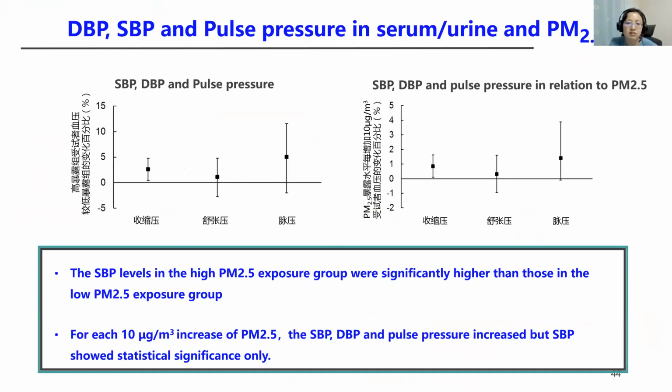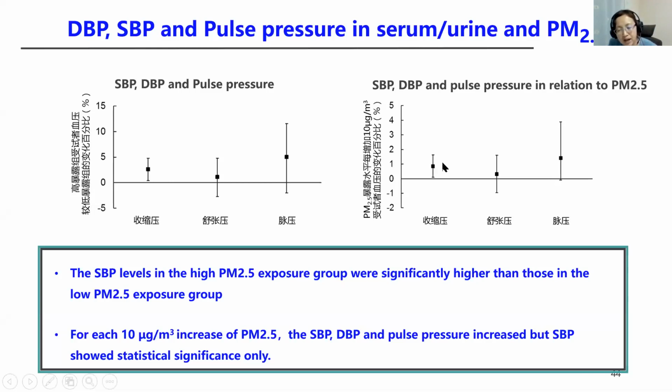On the other hand, we also measured blood pressure and pulse pressure. Pulse pressure is not in serum, I think there is some mistake here. We measured blood pressure and pulse pressure, and the left figure is about the systolic and diastolic blood pressure and pulse pressure, by comparison of the higher exposure level, that is sham air purifiers, to the real air purifiers.